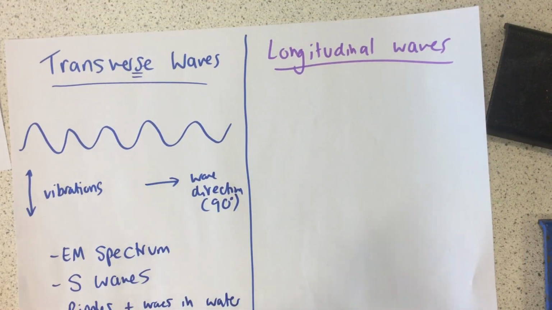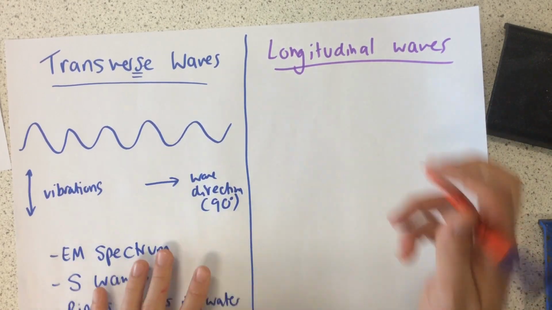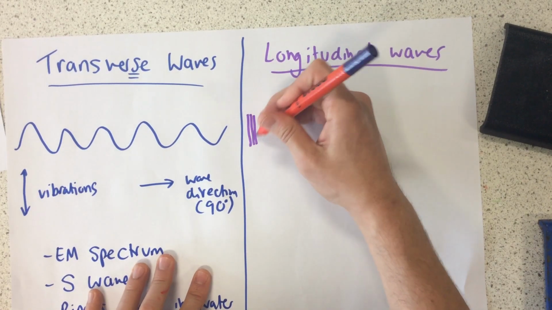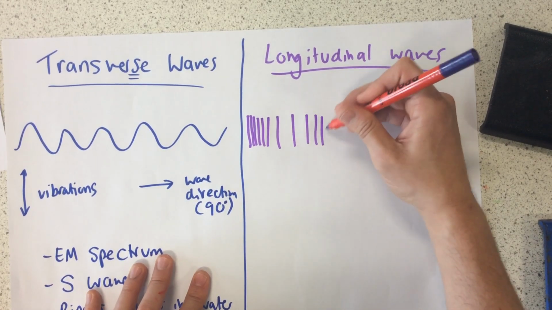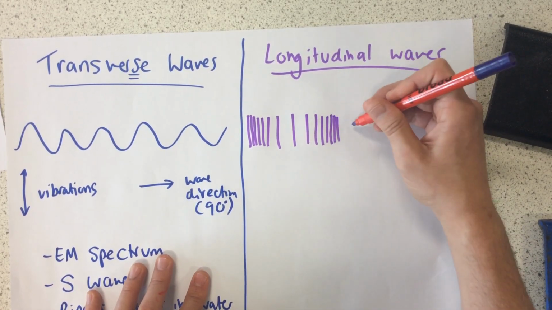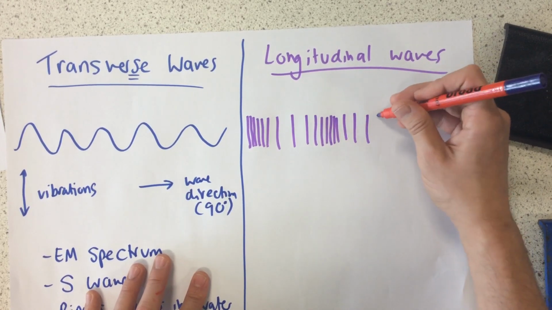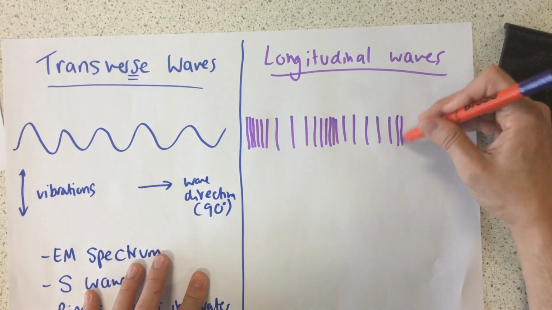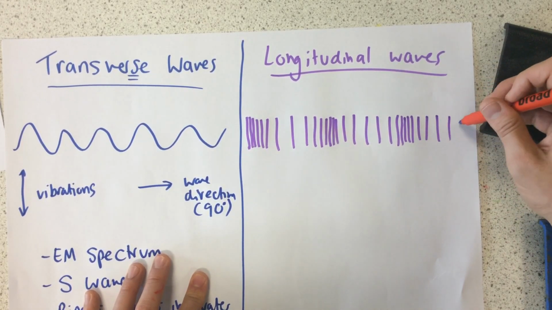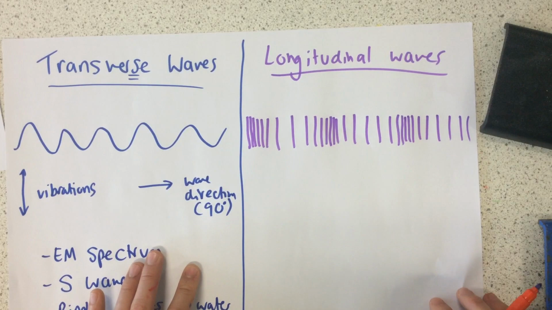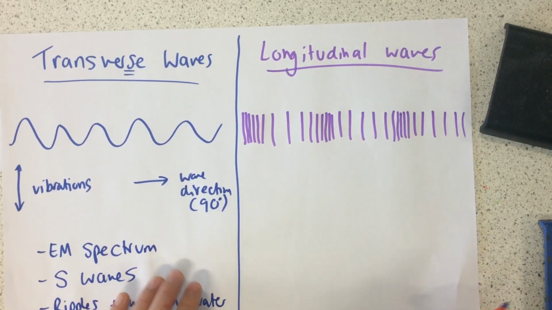So now we need to learn about longitudinal waves. Longitudinal waves are really quite different from transverse waves. In longitudinal waves, we have a series of things called compressions, and then things called rarefactions, which show what's happening.